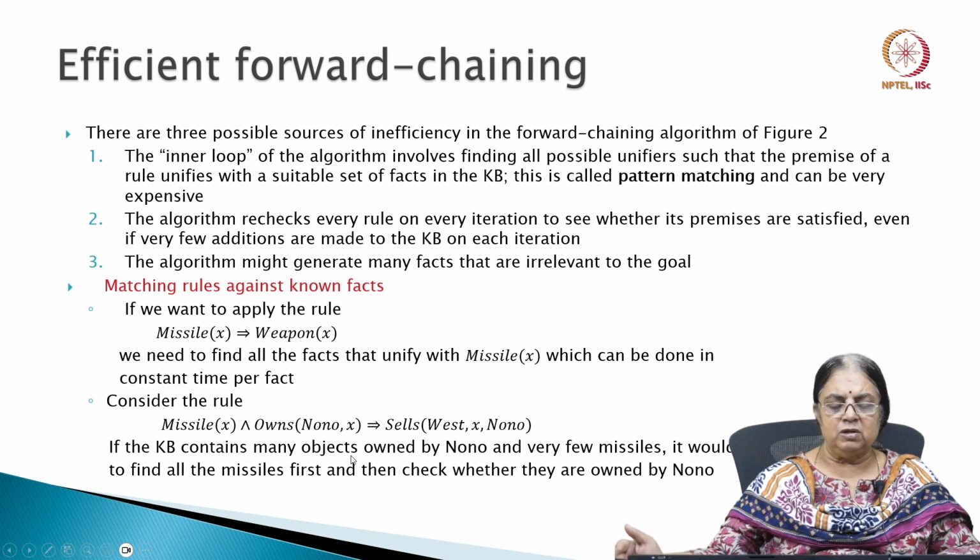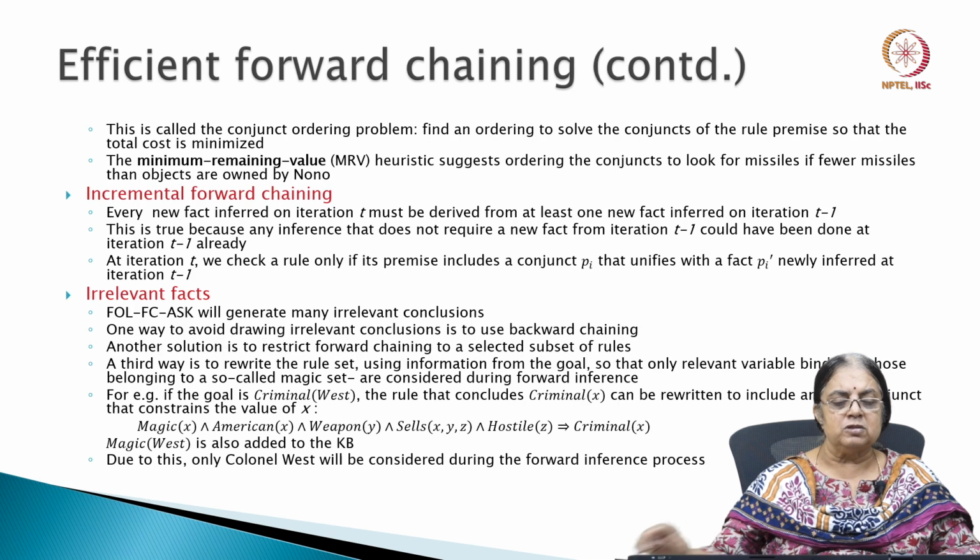So it makes it much faster to take care of the missiles and then go to matching owns. This is what is called the conjunct ordering problem.